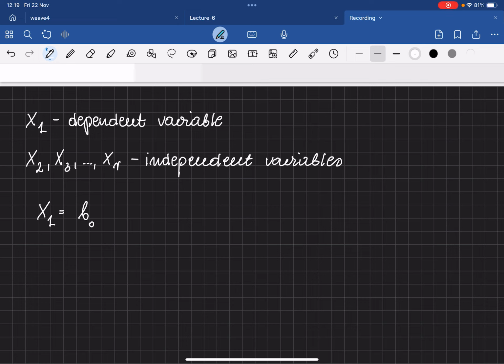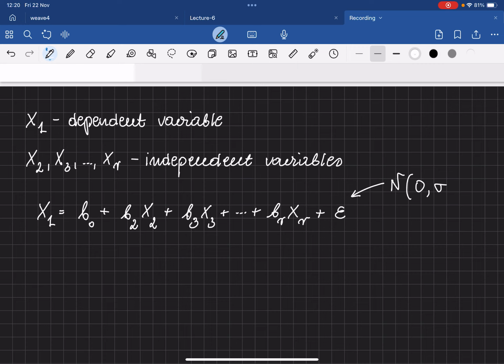So there is some free coefficient b0, and there are directional coefficients b2 x2 plus b3 x3 up to br xr, and some prediction error, which is assumed to have normal distribution with average equal to 0 and some unknown variance sigma square.